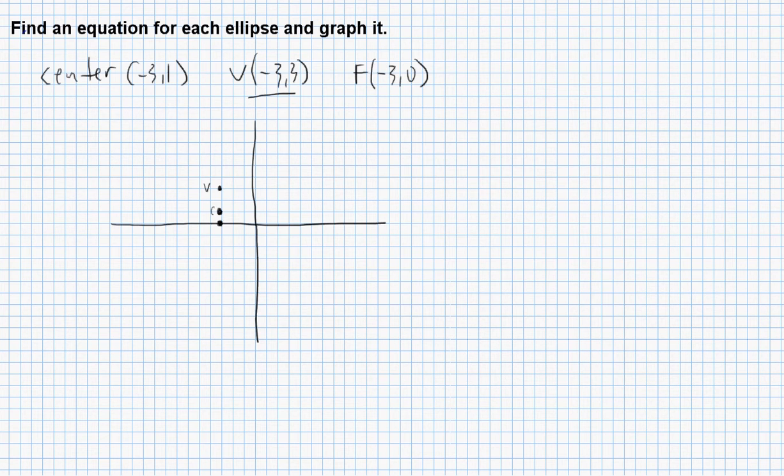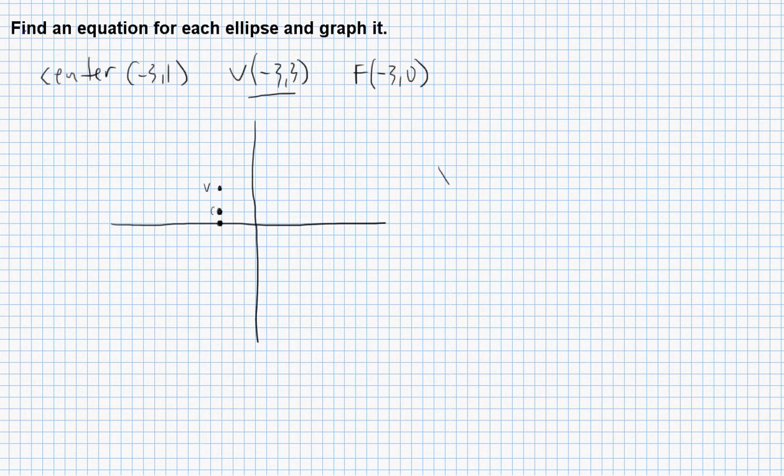Now, to start with, we can see that the center of this is not at the origin. So we will use the general formula for an ellipse. We can also see that since the vertex, the center and the focal points are oriented vertically, this is going to be a vertically oriented ellipse.